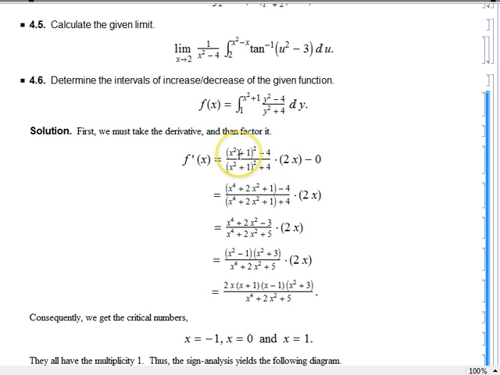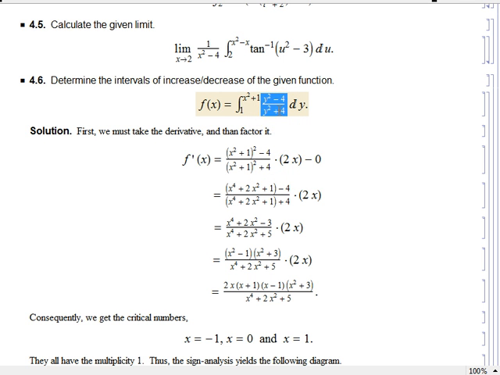So we have this, x squared plus 1 squared minus 4 over x squared plus 1 squared plus 4. In this integrand, the top part, b of x, is substituted in place of y, so we get that. That's not all. You have to multiply by the derivative of this x squared plus 1, which is 2x.